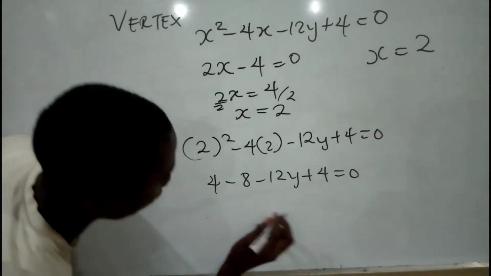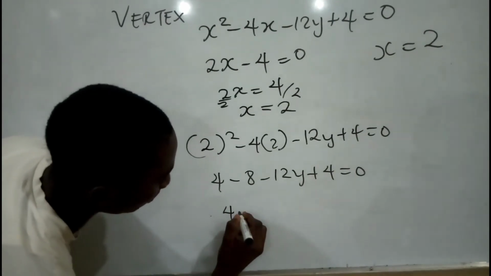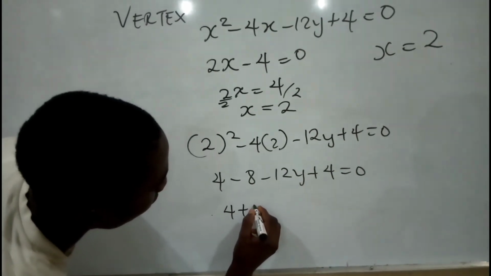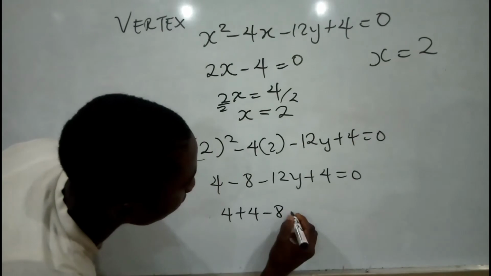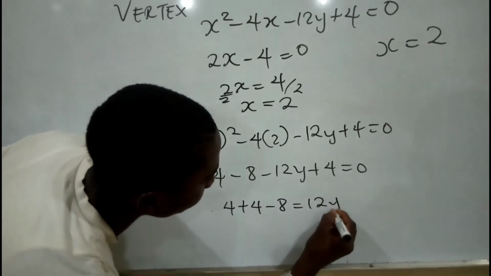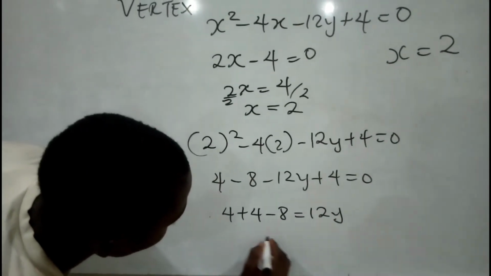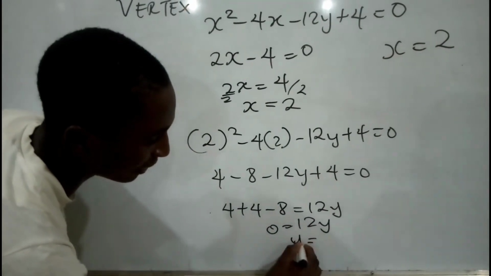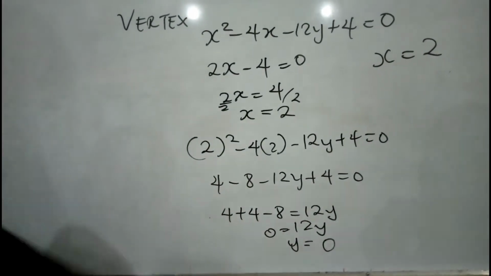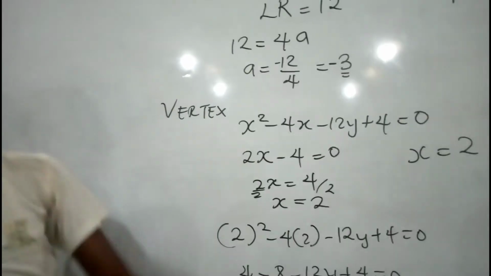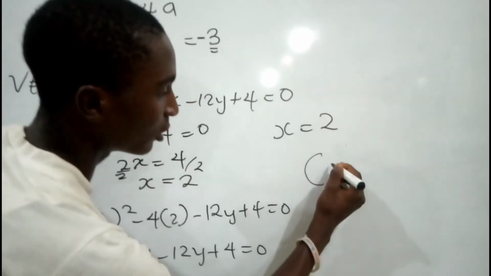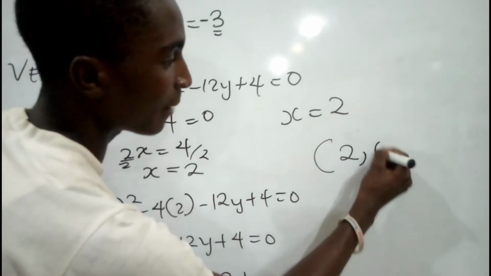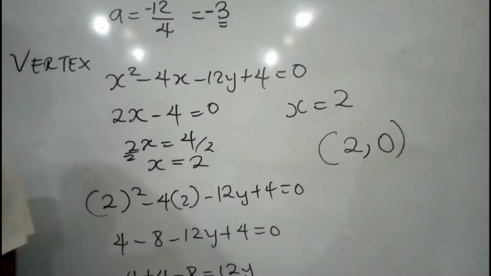Let's take this slowly so we understand. This is 4 plus 4 minus 8 is equal to 12y. So this is 0 is equal to 12y. That is, y is equal to 0 over 12, which will give us 0. So the vertex of this parabola equation is (2, 0).